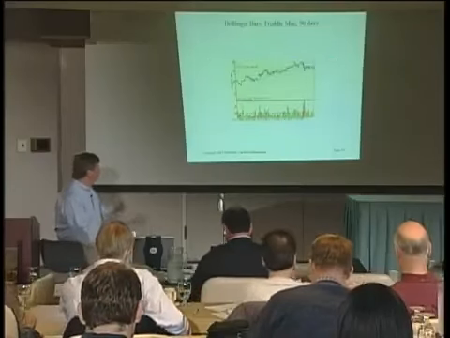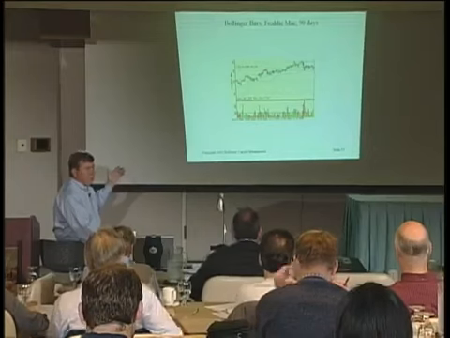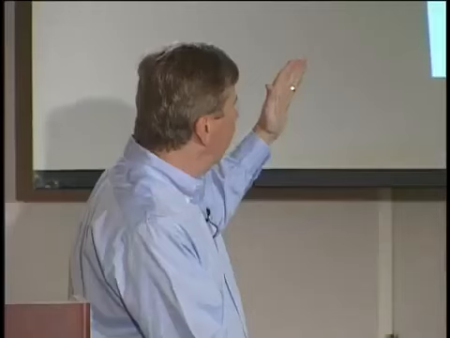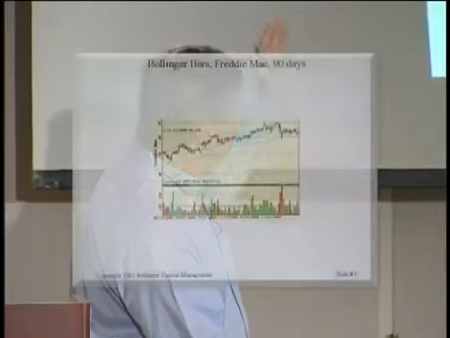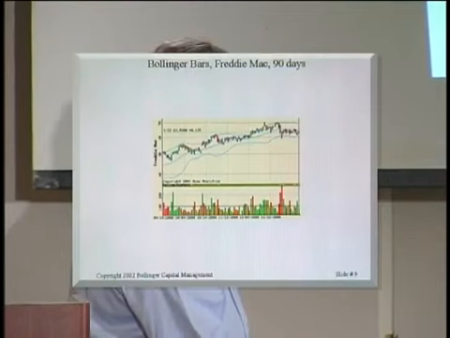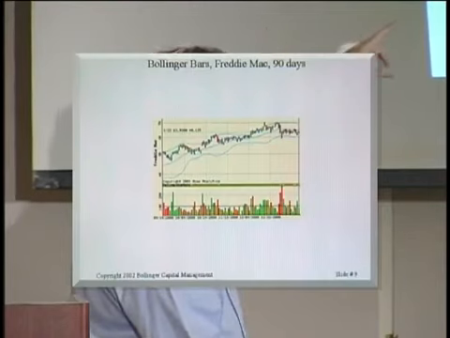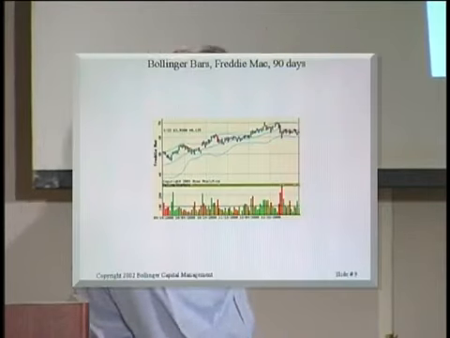And here's a chart of what this looks like for Freddie Mac. It's the same chart that we saw before with the Western bars, except now we have Bollinger bars. And I have coded 2 different pieces of information here.